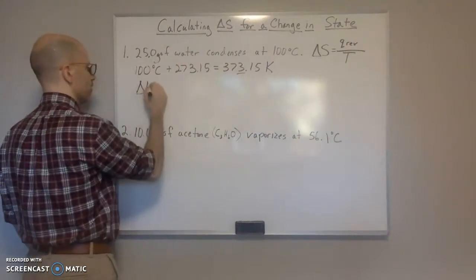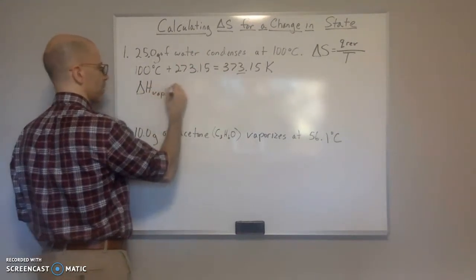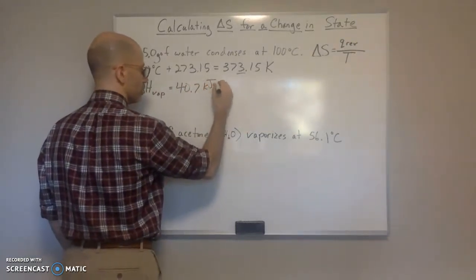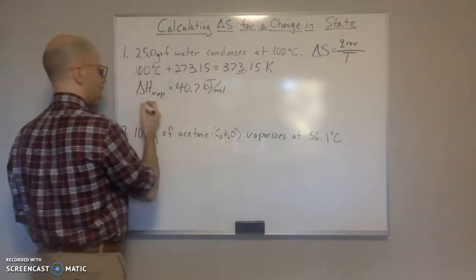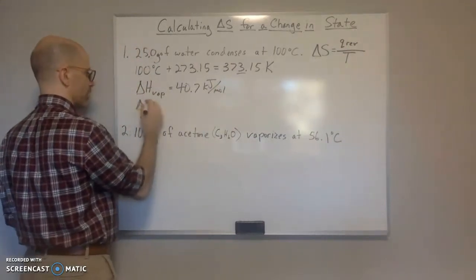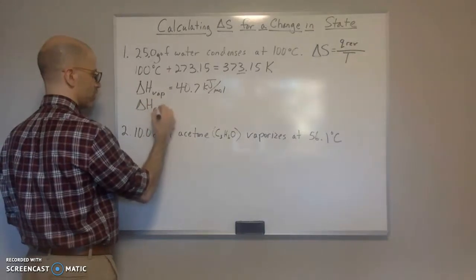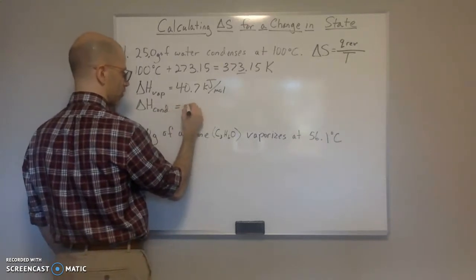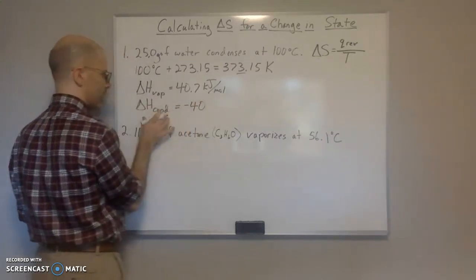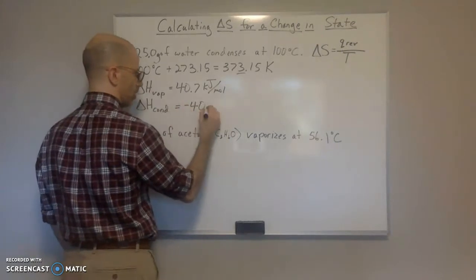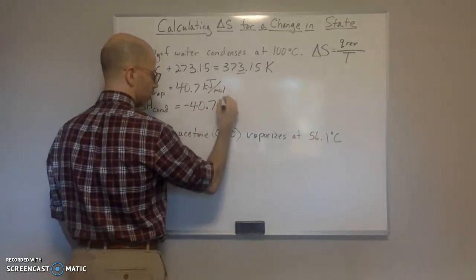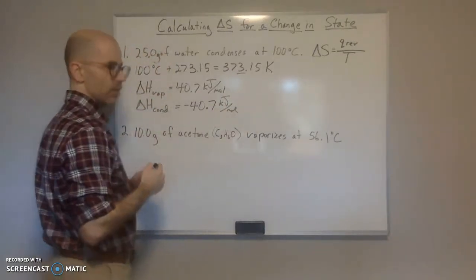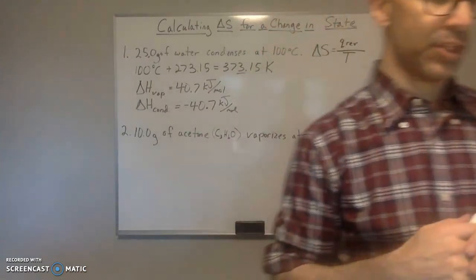Since the heat of vaporization and the heat of condensation are opposite to each other, the heat of condensation is equal to negative 40.7 kilojoules per mole.